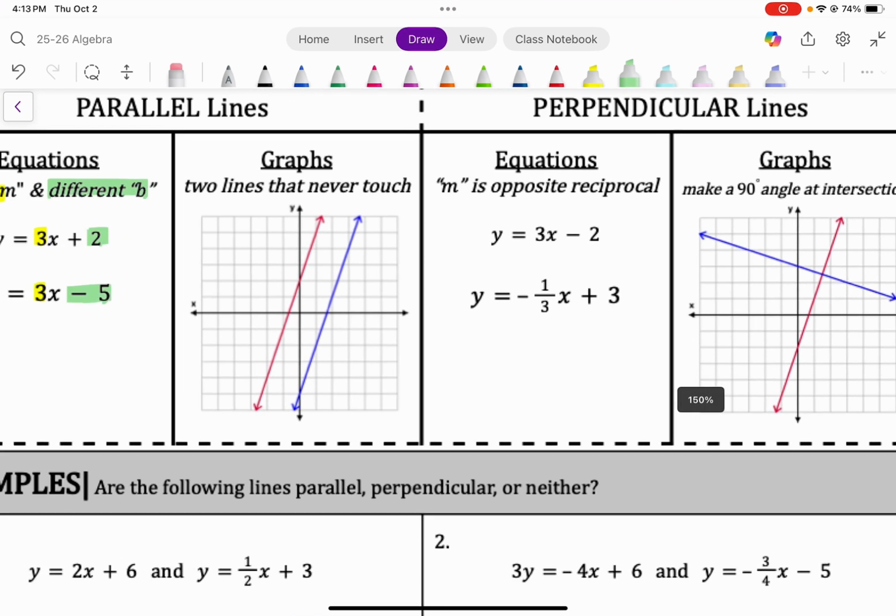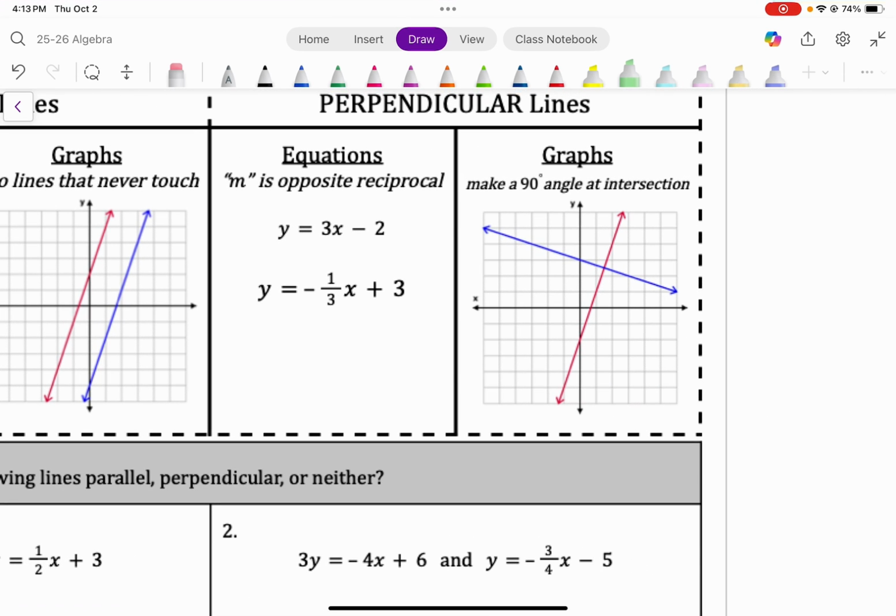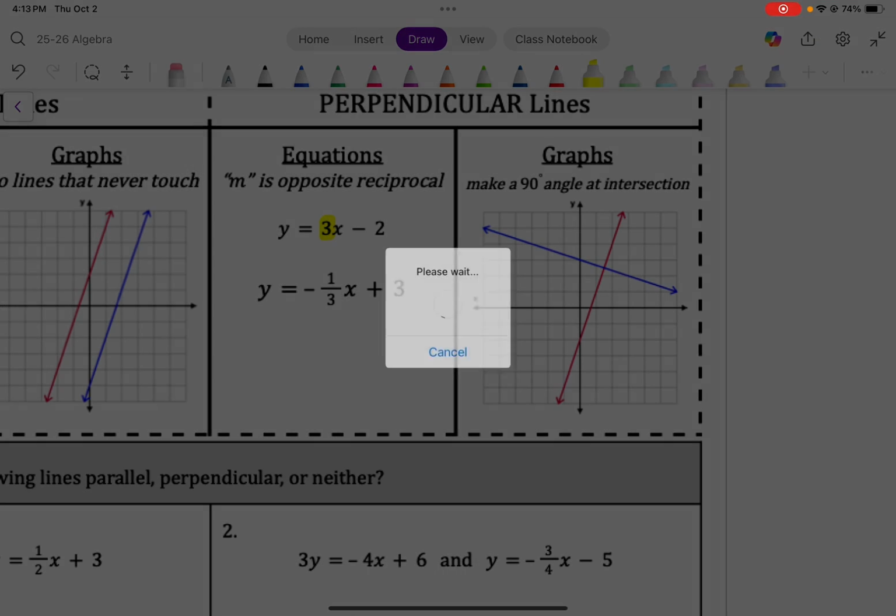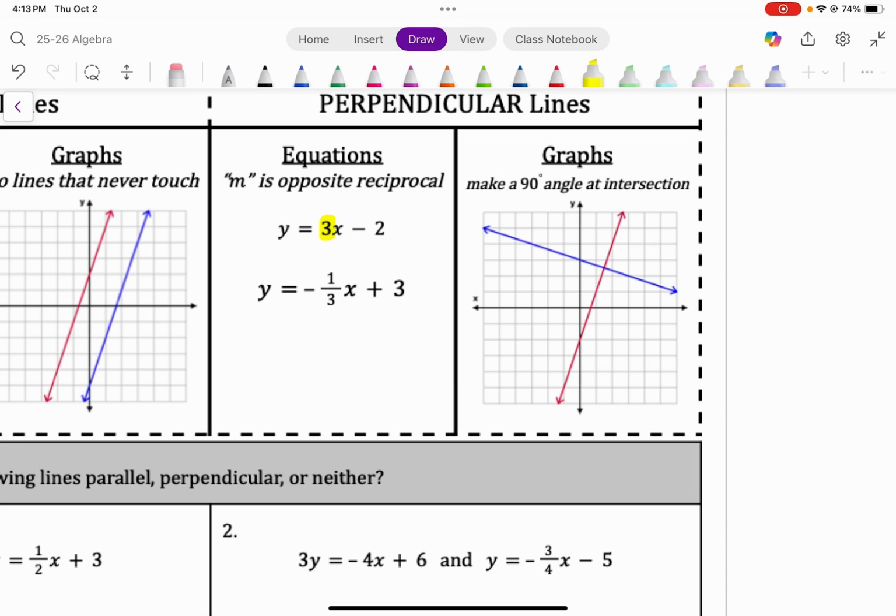So now we have perpendicular lines, and those meet at a 90-degree angle, but we're not going to measure that like we would with a compass. We're going to look at the slopes. So here I can see that I have a slope of 3, and the other has a slope of -1/3. So we say that the slopes are opposite reciprocals.